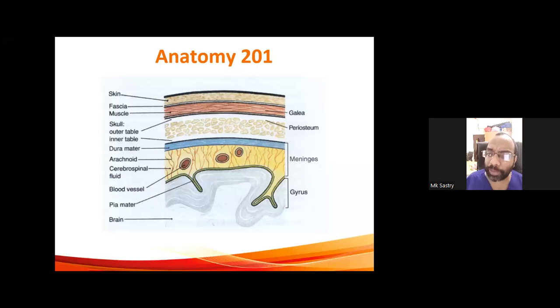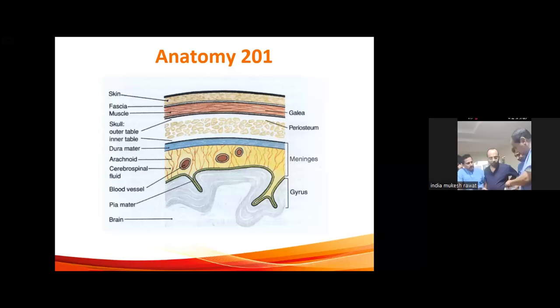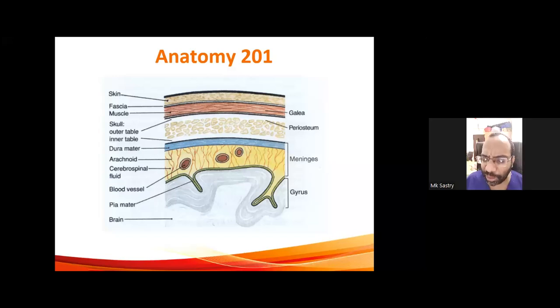A proper impulse has to go, like acetylcholine, dopamine and all, to release the fascia. So you can see different layers of the brain anatomy. Am I right? Yes, sir. First layer, second layer, third layer.